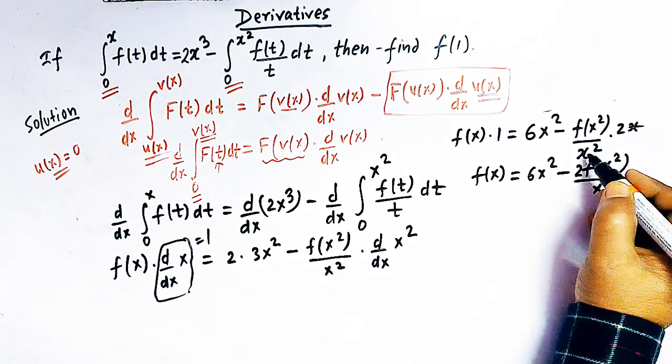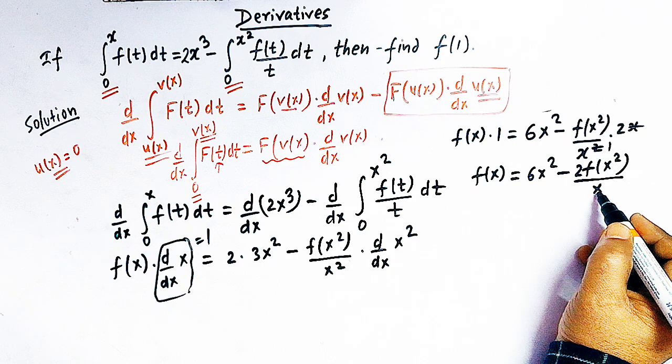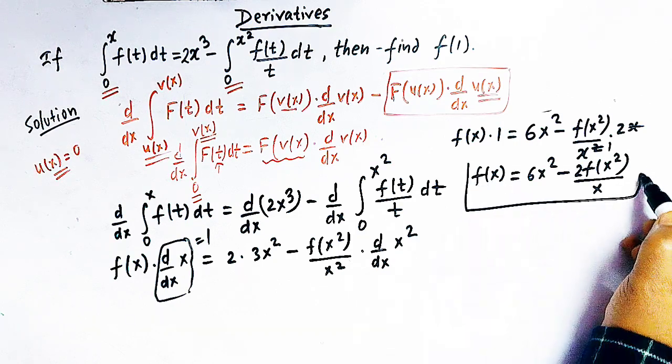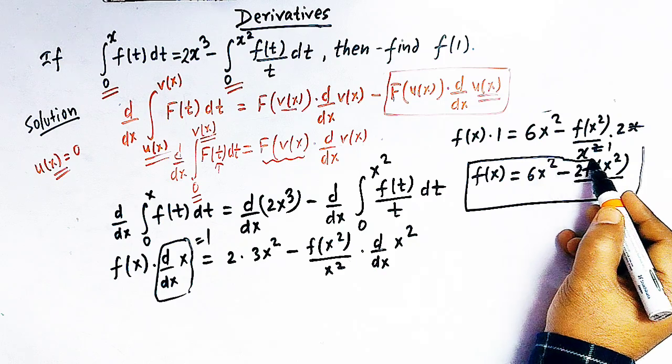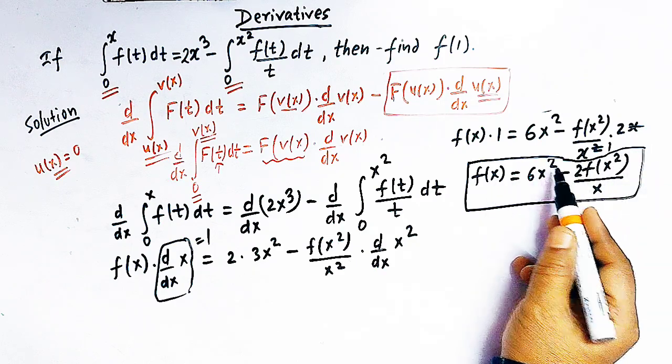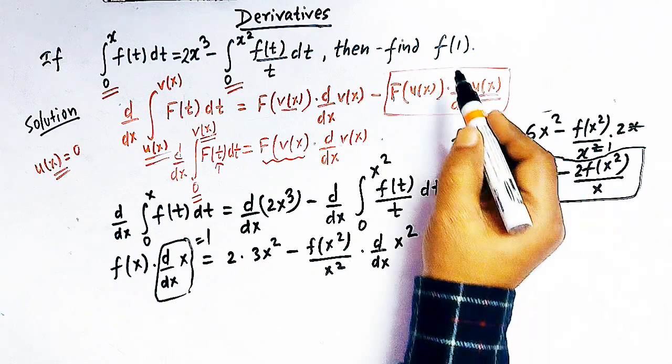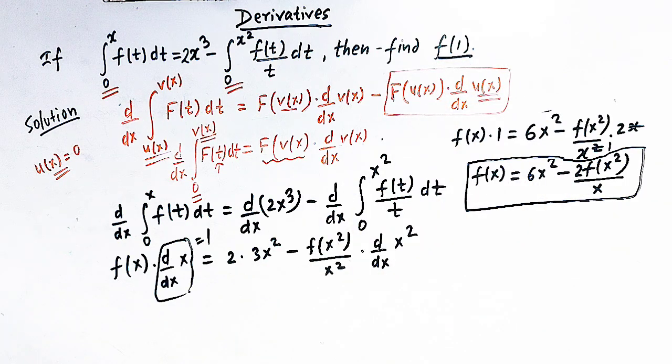Here this x and this x get cancelled. So now we have this expression, that is f(x) is equal to 6x² minus 2 times f(x²)/x. Now we need to find out the value of f(1).